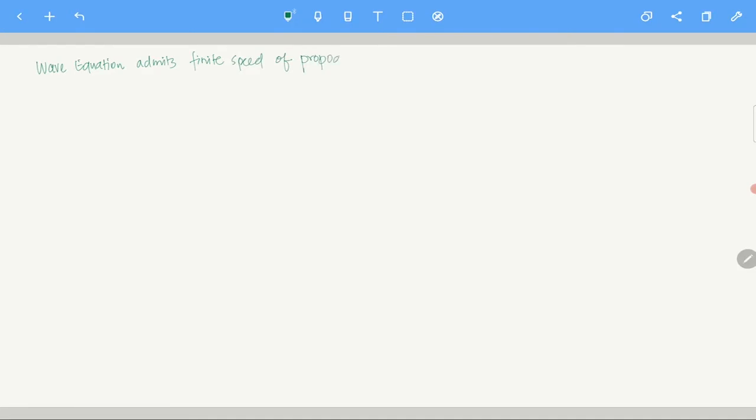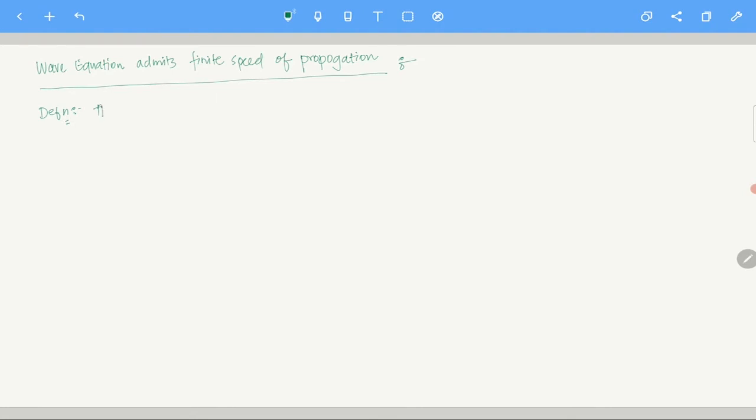Okay, let me explain what finite speed of propagation means, first of all, in the mathematical sense, of course. So the PDE, let me give you this definition first. Definition.